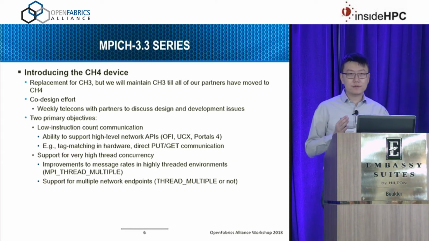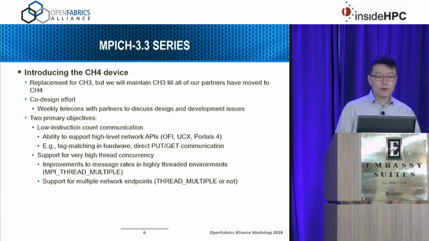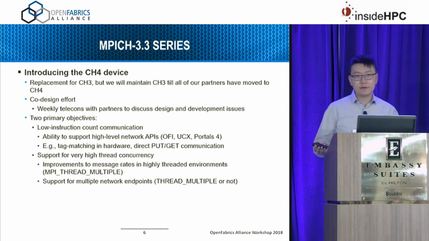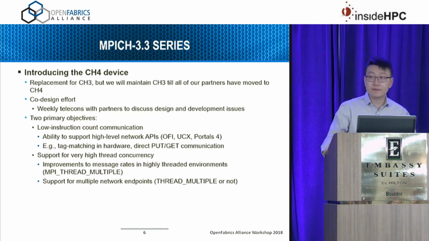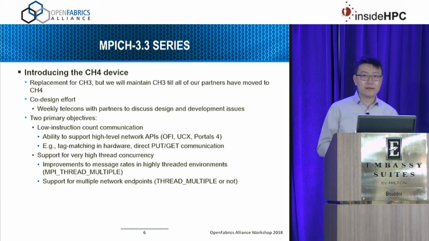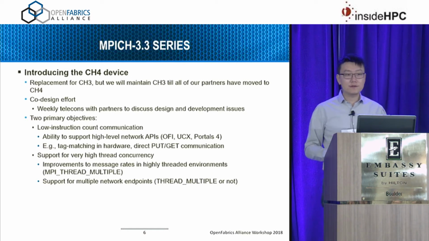One is that we're trying to achieve low instruction count communication. The reason is that all the new network libraries such as OFI and UCX support high-level network APIs. Instead of just doing send and receive, they have support for tag matching, depending on hardware, and RMA. If we look at what MPICH used in CH3, it is basically adding overhead without using these features.